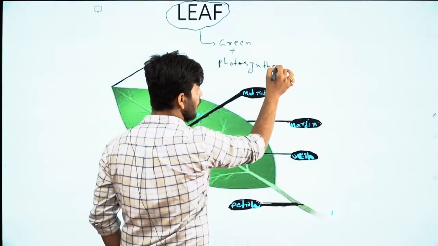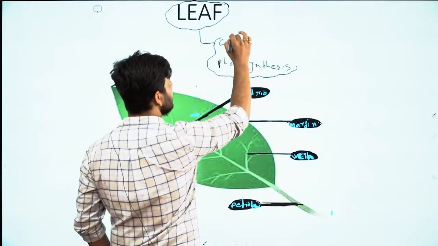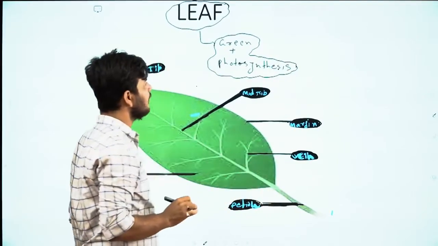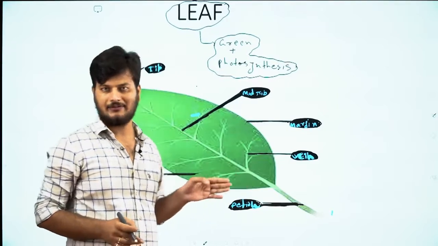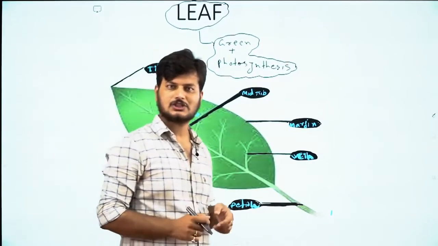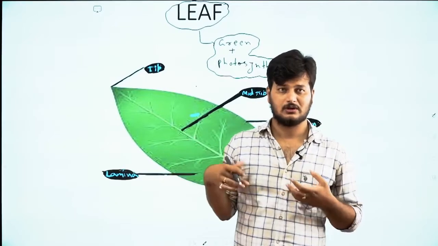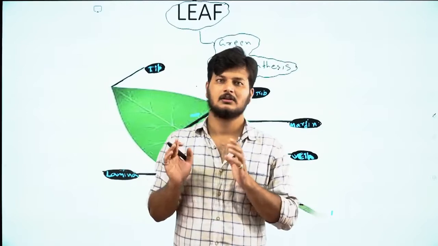Generally, the structure of a plant which is green in color and performs photosynthesis, the formation of glucose, is a leaf.